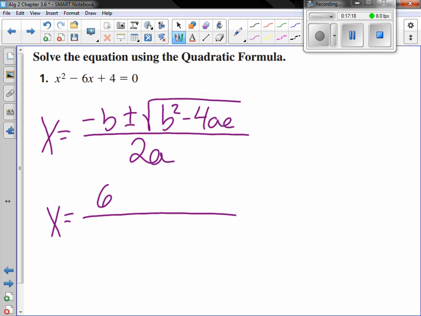This is one of the few steps I will skip. I will skip rewriting negative 6 and just write it positive. I don't skip too many steps with the quadratic formula because there is so much information here.